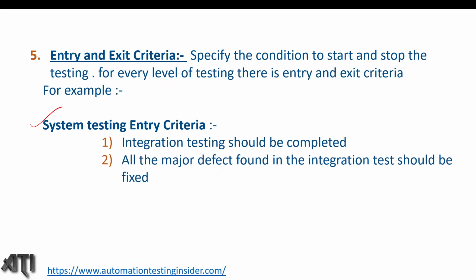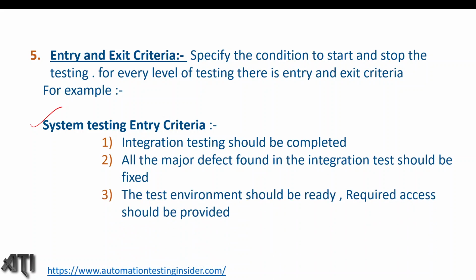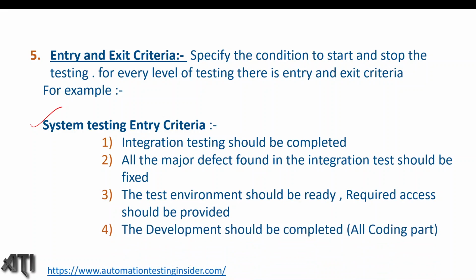All the major defects found in integration testing should be fixed. The test environment should be ready. Required access should be provided. The development should be completed. All coding should be done at this point of time. So whenever we get the build for system testing, all these criteria should be satisfied. So this is another section in the test plan: entry and exit criteria.